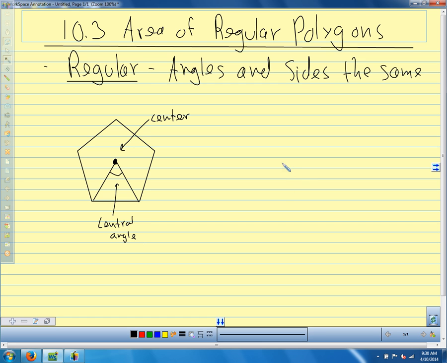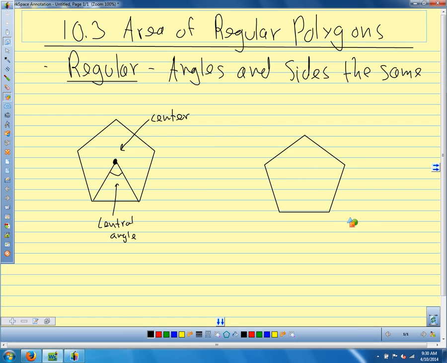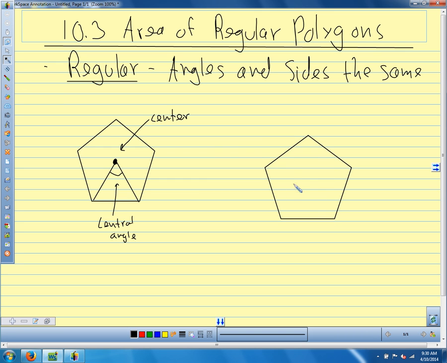So let me draw another pentagon, and we'll label some more parts. So we still have our center, and I'm going to draw a segment here that goes 90 degrees to one side. That segment is called the apothem.